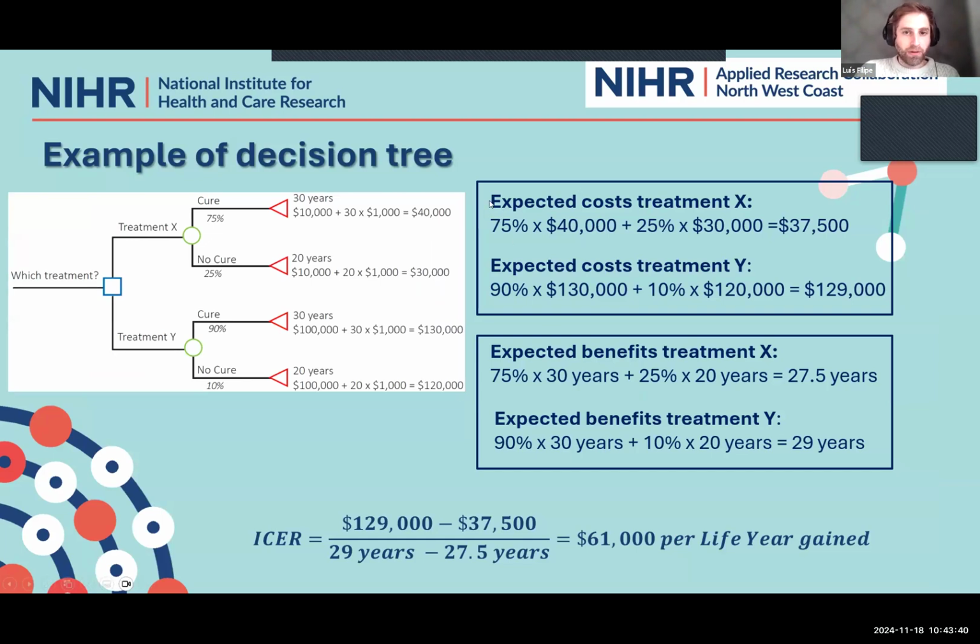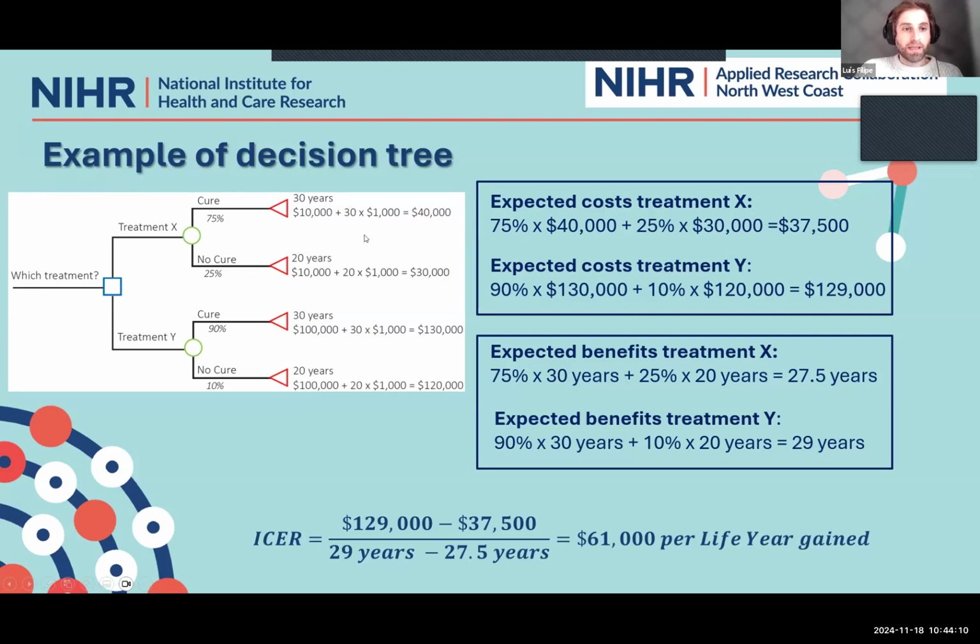We can first start with computing the expected costs for treatment X. If the person is cured, we already have the cost computed, it's going to be this $40,000. If the person is not cured, it's going to be this $30,000.